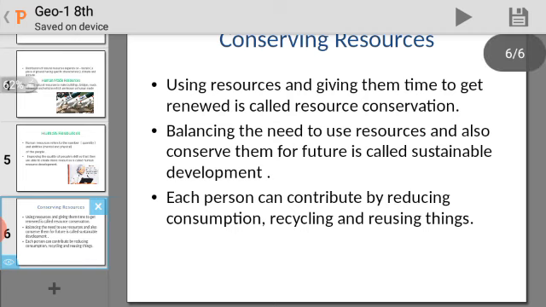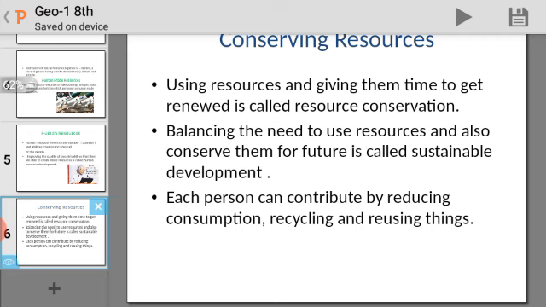And here we can contribute to conserving resources by reducing consumption, recycling, and reusing things. The first thing, reducing consumption. In the sense, we have to use as little as possible.